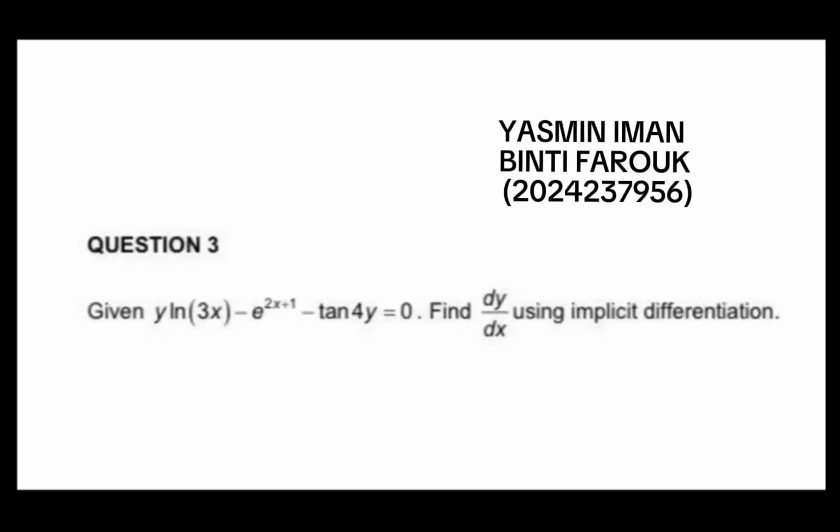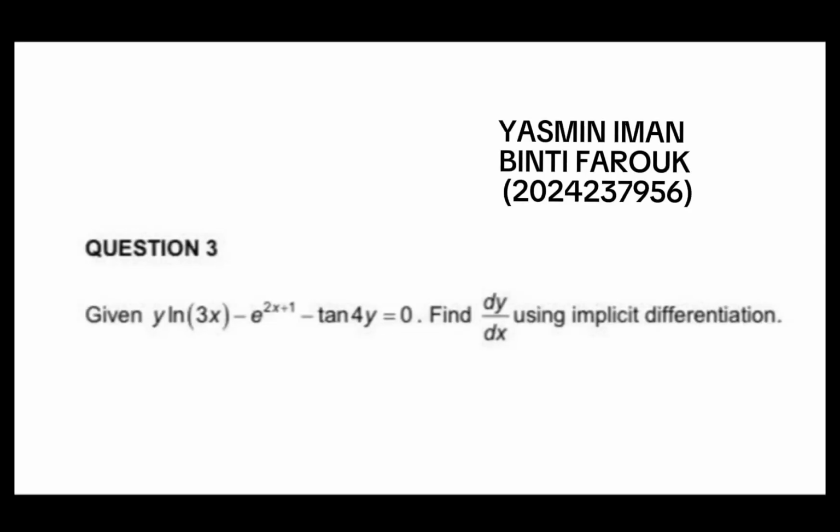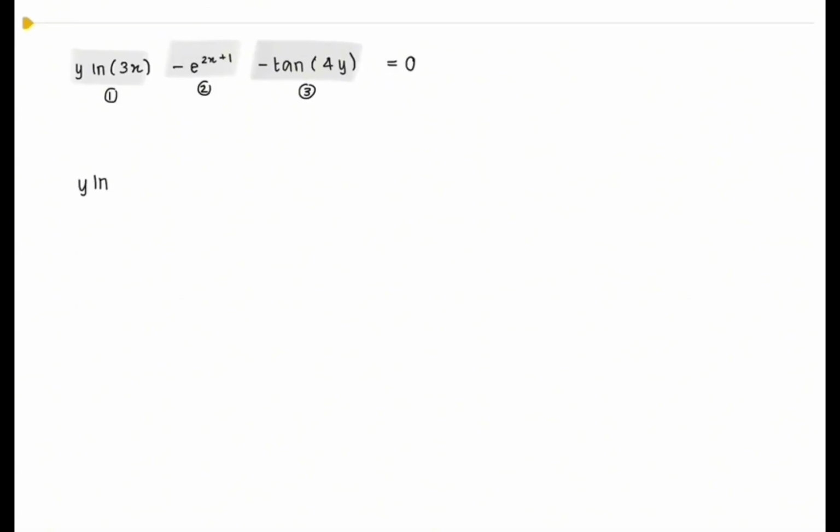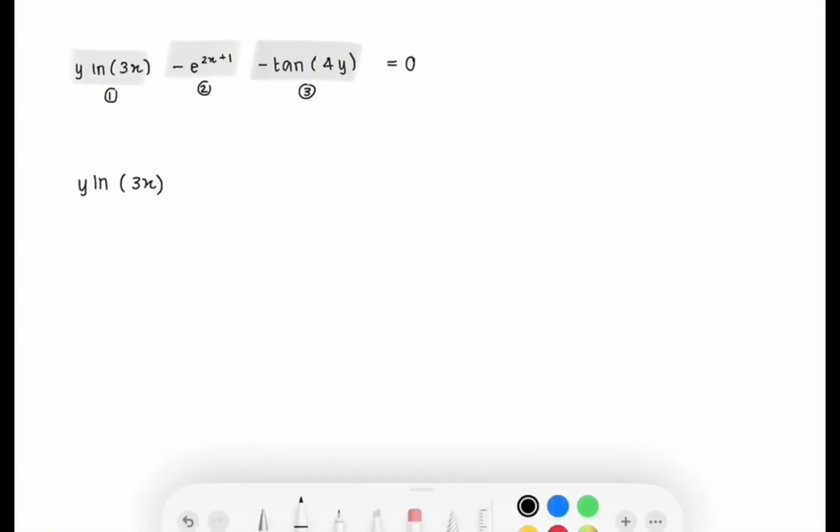Hi, my name is Yasmin and I will be explaining how to solve question 3. So on the screen we can see the equation. The first step is to split the equation into 3 different components. The first component will be y ln 3x. First, we'll split y and ln 3x into 2 different parts, y being u and ln 3x being v. We'll differentiate y into 1, and when we differentiate ln 3x, ln will be a different component and 3x will be a different component.